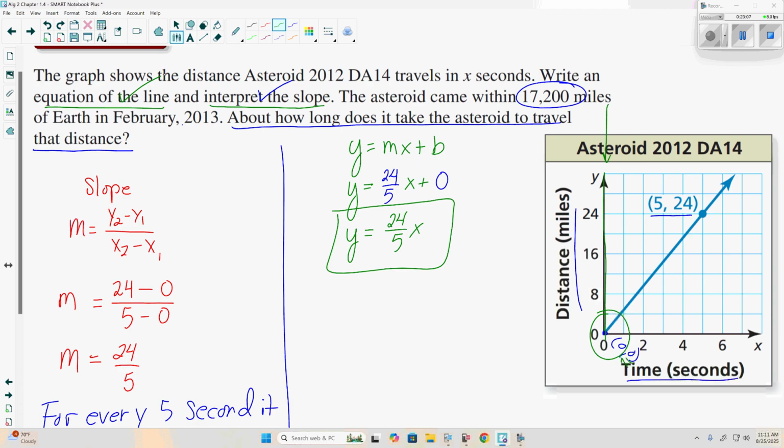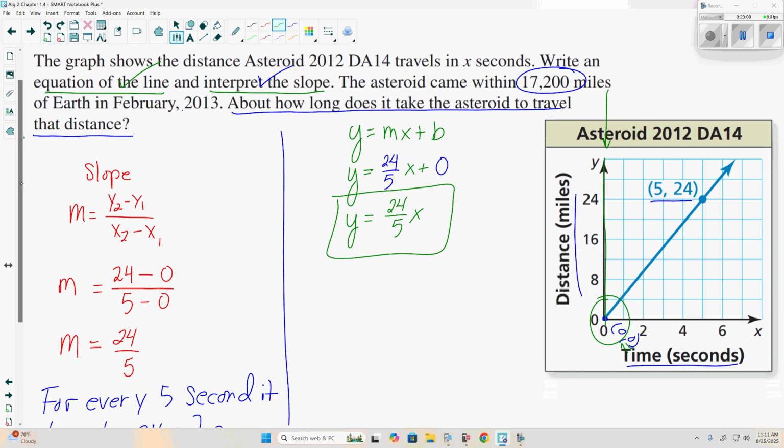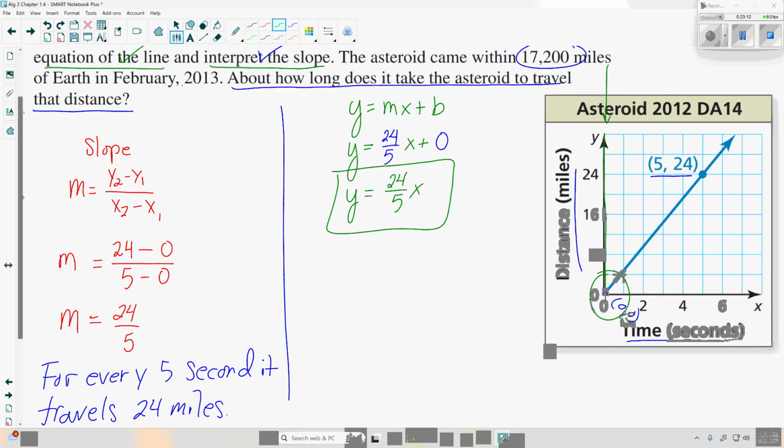Last thing we need to do is determine how long it takes it to travel 17,200 miles. Now we can use the equation of the line to figure this out. X or y, which one is distance? Y is distance, yes? X is our time. So which one are we solving for, X or Y?